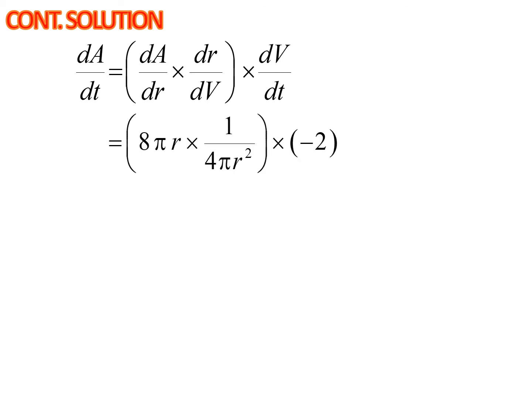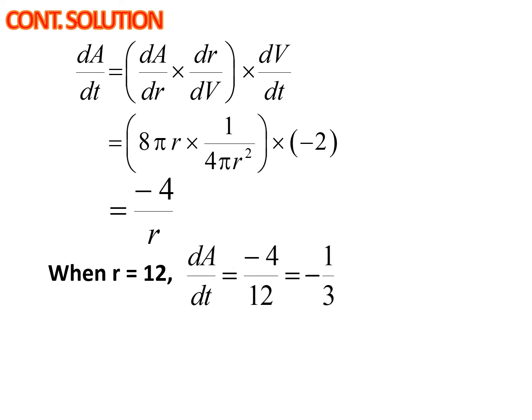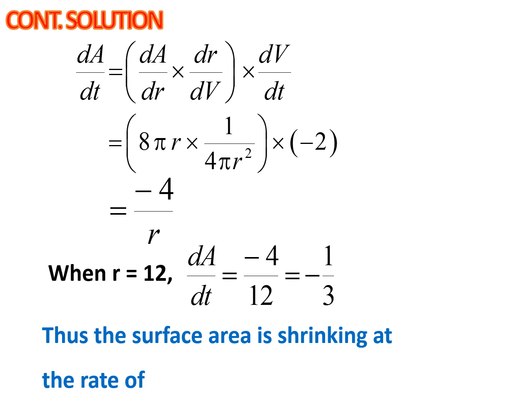We substitute dA/dr as 8 pi r. Since we need dr/dV, we just flip dV/dr, giving 1 over 4 pi r squared, multiplied by dV/dt, which is -2. We simplify and get -4/r. Then we substitute r equals 12 and get -1/3. So the surface area is shrinking at the rate of 1/3 cm squared per minute.